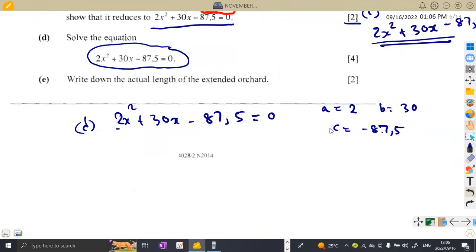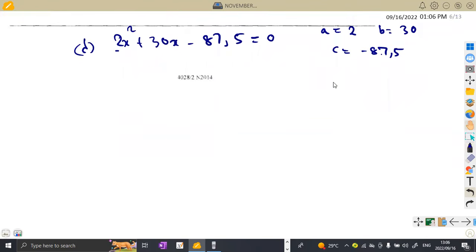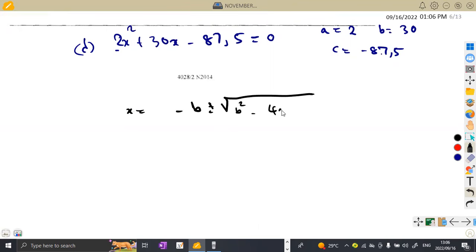From your quadratic formula, remember, the formula is given by x equals minus b plus or minus the square root of b squared minus 4ac, everything over 2a.